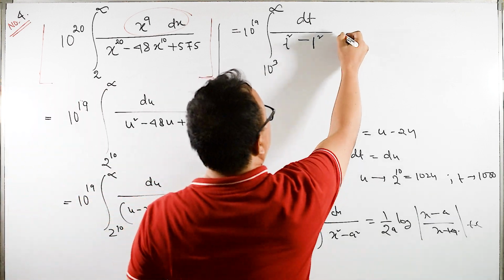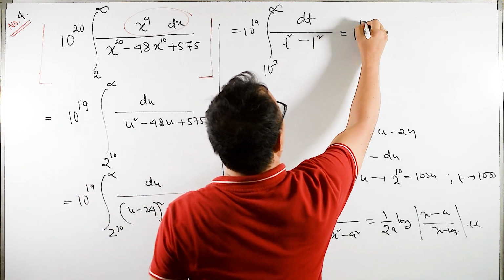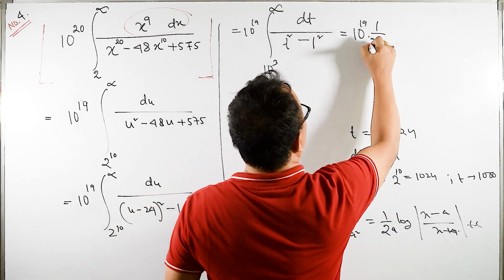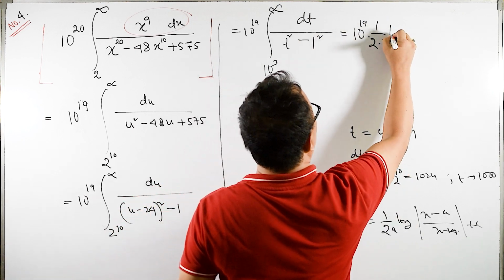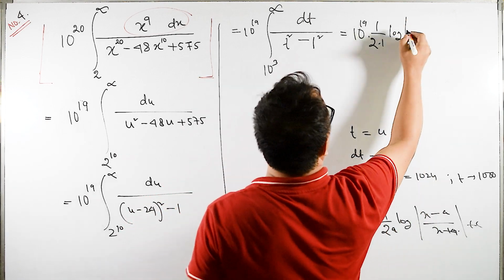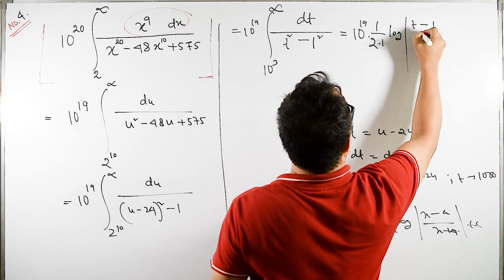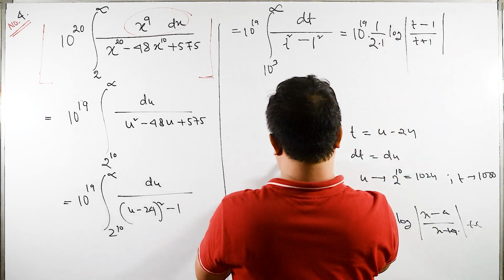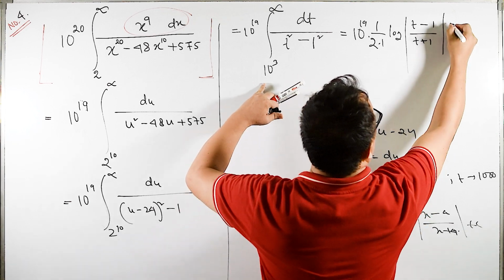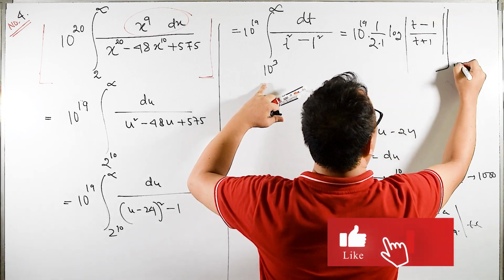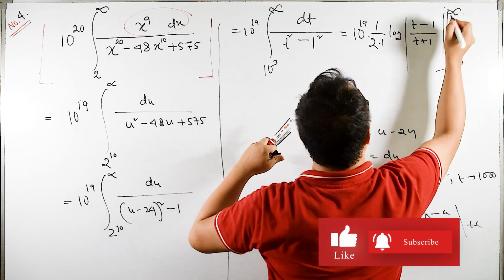So it equals 10 raised to 19 into 1 by twice a, which is 1 by 2 into 1, log of (x minus a), here x means t, so (t minus 1) upon (t plus 1), with limits from 10 raised to 3 to infinity.